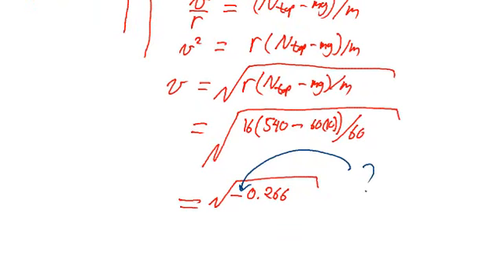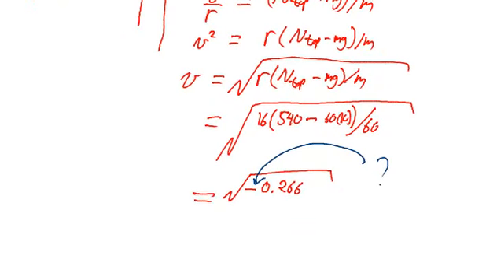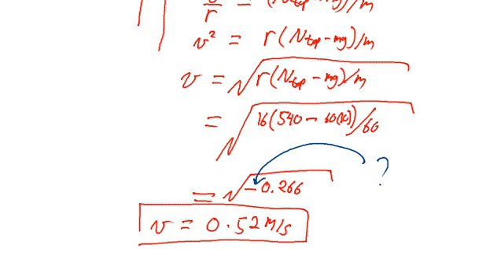So the velocity at the top would be 0.52 meters per second. Okay, let's check that one last time without the minus signs. So we have 600, which is 60 times 10, minus 540, times 16, divided by 60, square root, and this time I got 4.